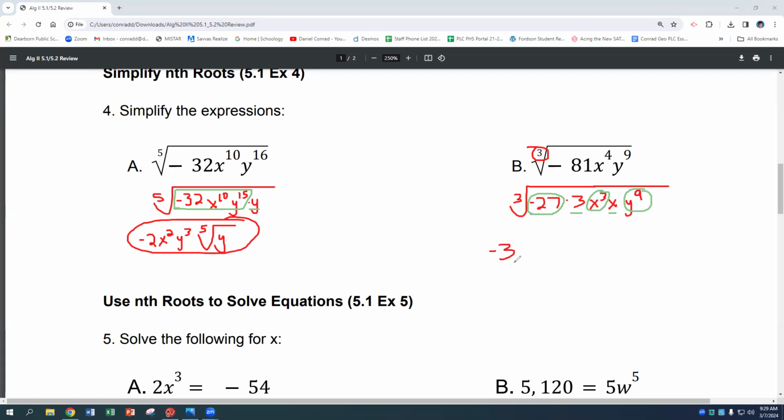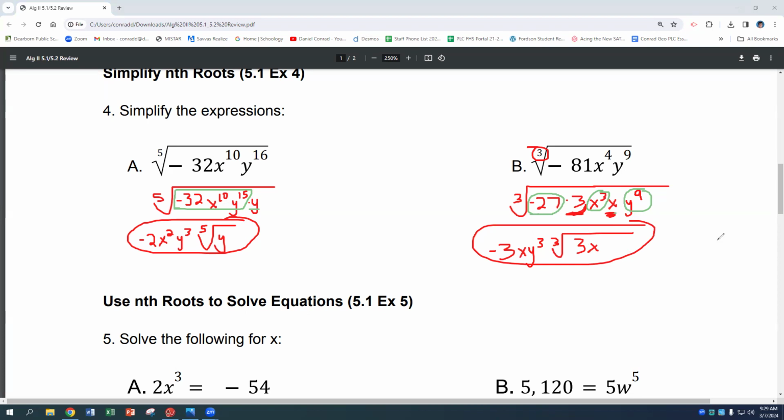Cubed root of x to the 3rd is x to the 1st, just x. And the cubed root of y to the 9th is y to the 3rd. 3 goes into 9 3 times. Okay, and then what I have left is 3 times x. That's what I have remaining, right? And that should be our answer.